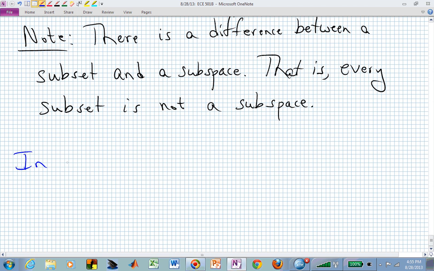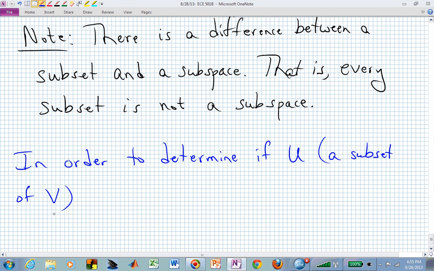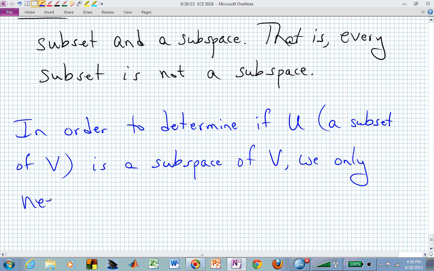In order to determine if U, which is a subset of V, is a subspace of V, we really only need to check three properties.